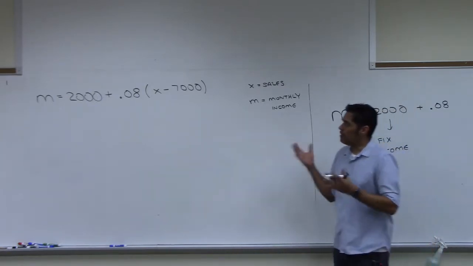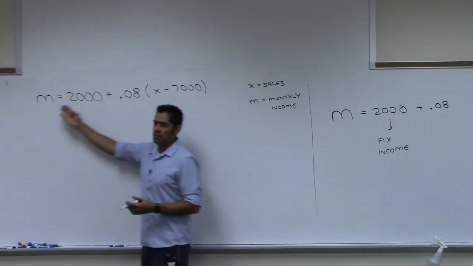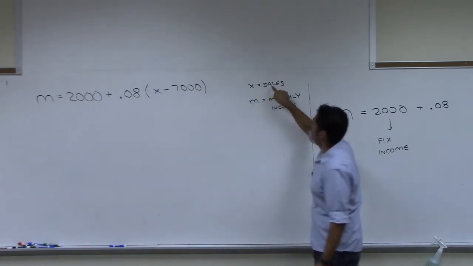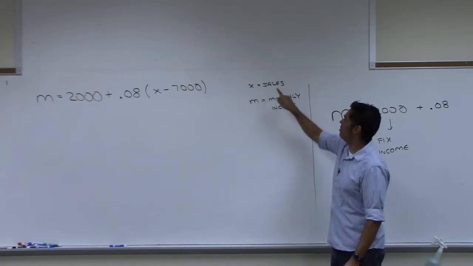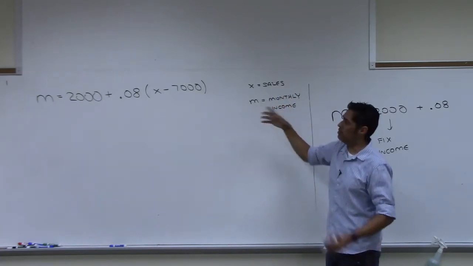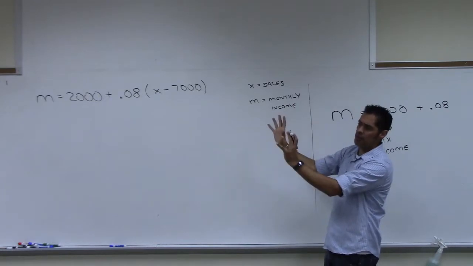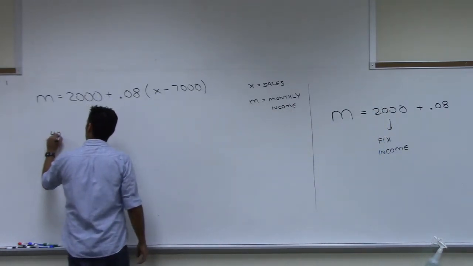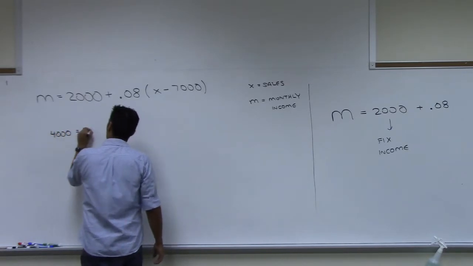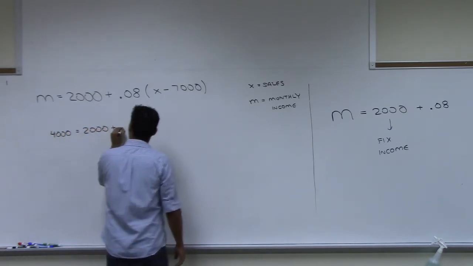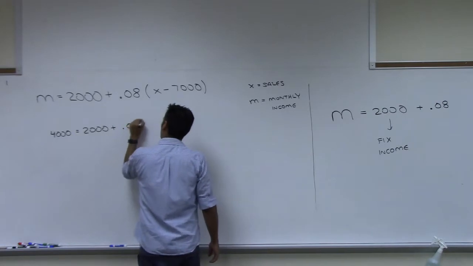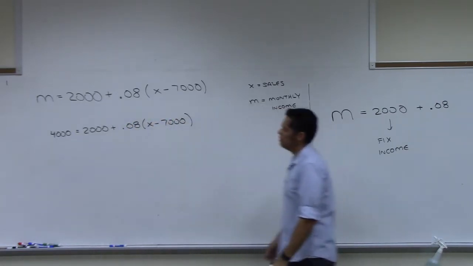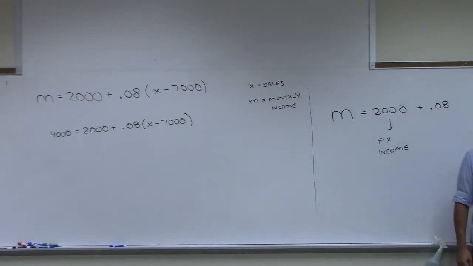So we're going to replace one of these letters with 4,000. It's saying how much do they need to sell, right? How much do their sales need to be in order to make 4,000? So now take your master equation here and replace the M with 4,000. So if I want to make $4,000, then that's the equation I'm trying to solve.